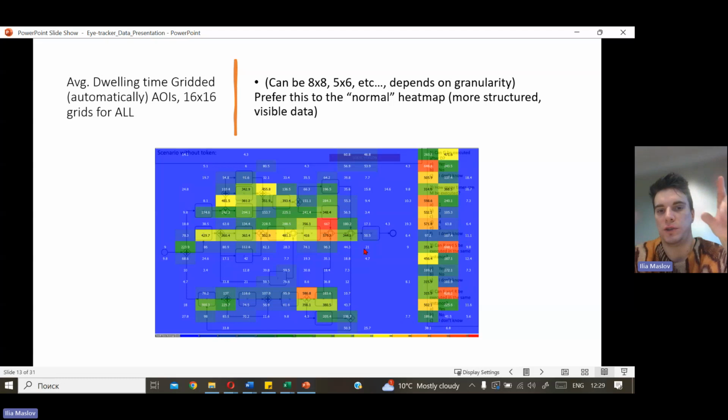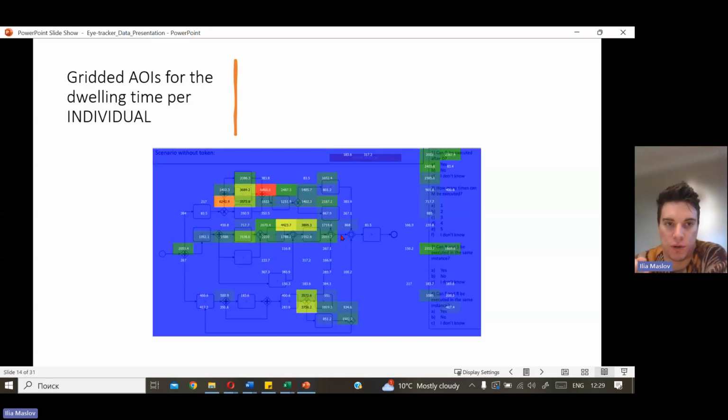And then you see in a visual format, okay, in this sector, an average participant was looking for 667 milliseconds. I need to see the calculations, how much is in milliseconds, because it's not seconds, it's, I don't know, like 10, 15 seconds or something. I need to check the numbers, but it's actually different for each individual.